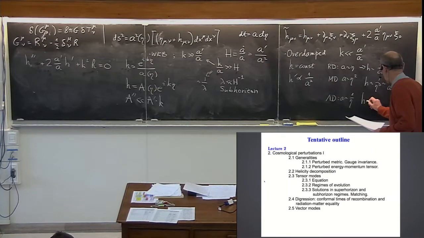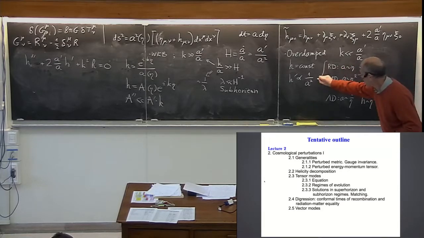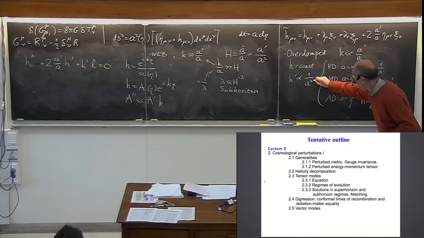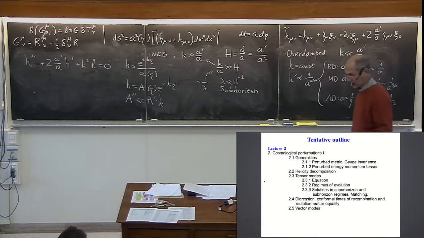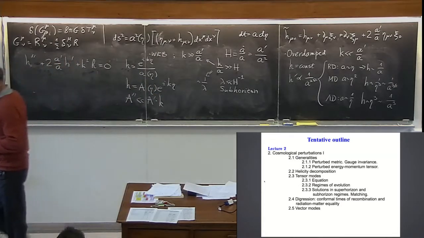Therefore, my h is eta cubed, which is 1 over a cubed. In all these cases, the second solution decays as time goes on. Okay?